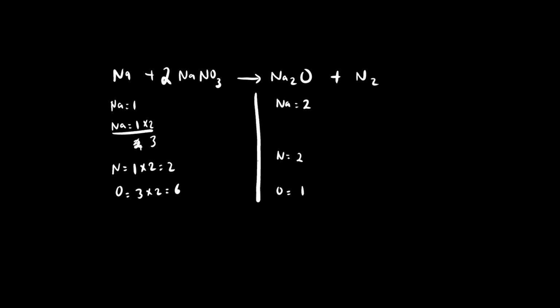So we've balanced the nitrogen. Let's go ahead and try to balance the oxygen now. We have 6 on the left and 1 on the right. So let's introduce a coefficient of 6 in front of the sodium oxide.